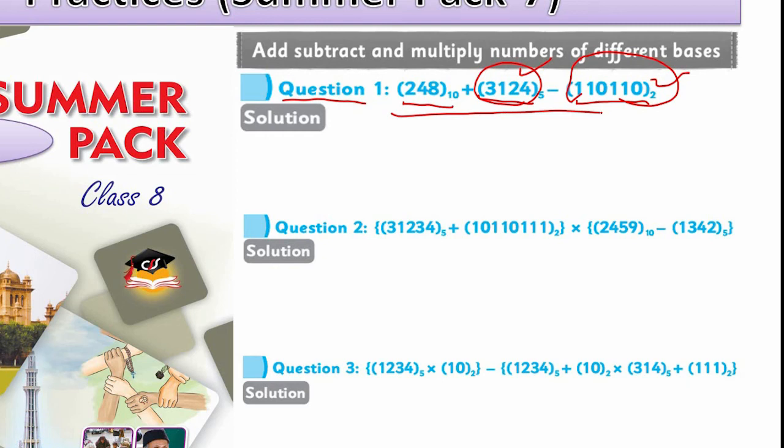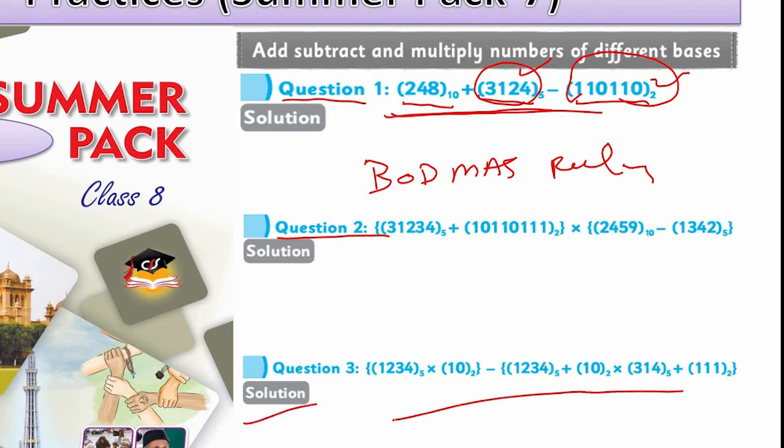Perform the BODMAS rule according to the given operations. In question number 2, apply the same procedure, use the BODMAS rule. In question 2, also there are brackets, and always try to convert all the numbers into the base 10 number system and then perform the given operations.